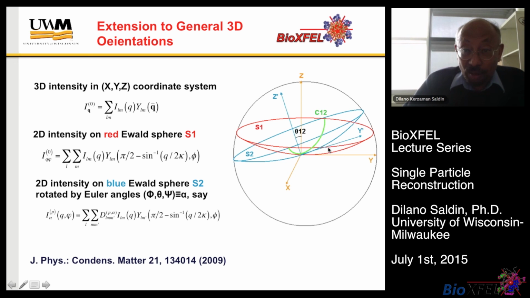The intensity on one of these evolved spheres is simply given by this quantity here. If you have a different sphere oriented in a different way relative to the first one, it will be the same quantity but multiplied by this Wigner rotation matrix, where the quantity alpha represents the three Euler angles of rotation.